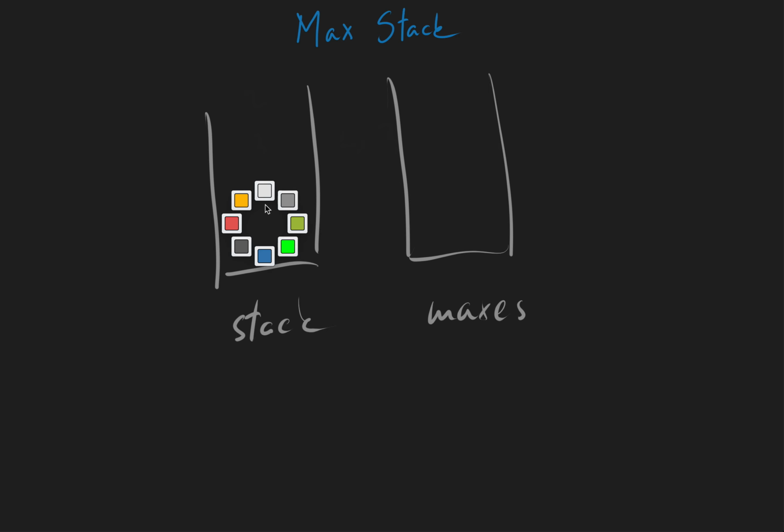And every time we push the values, we just push the max values to the max stack. So we have 1, we push 2, and now 3, we push the maximum value. But let's say that we now push 2 to the stack, which is smaller than the current max. So we just push the greatest value, so this guy, right?